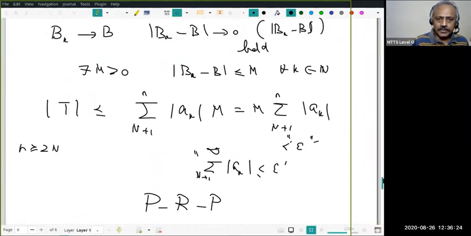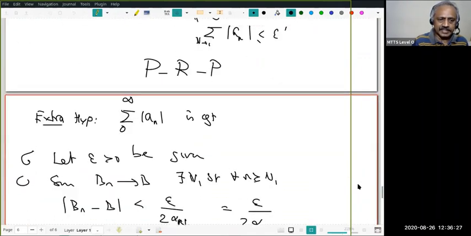Since I made an extra assumption that the series summation mod a n is convergent, let the sum of the series from 0 to infinity be alpha. Now whatever n you give me, what is the relation between alpha n and alpha?